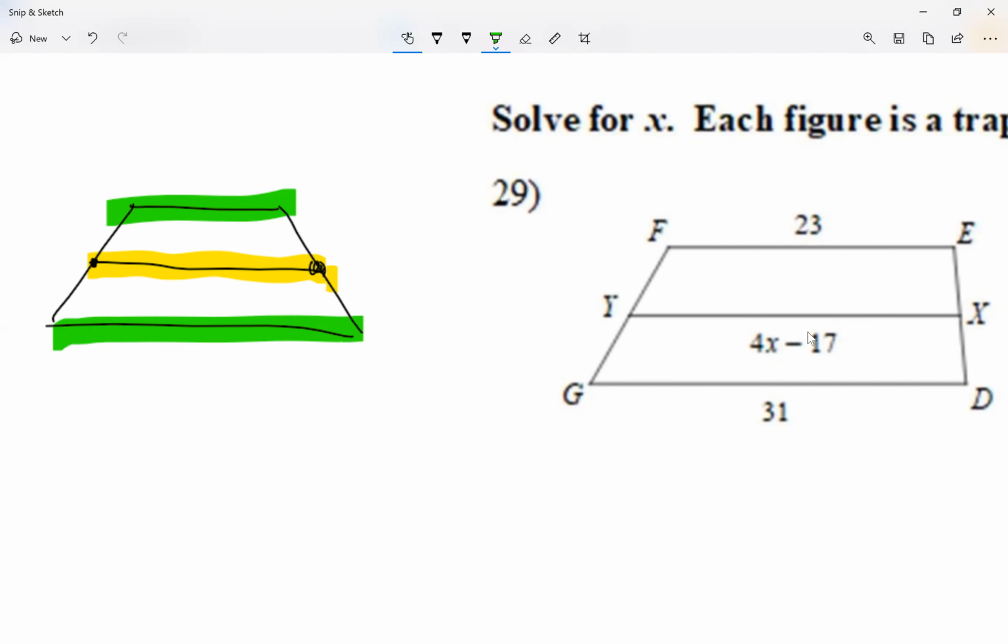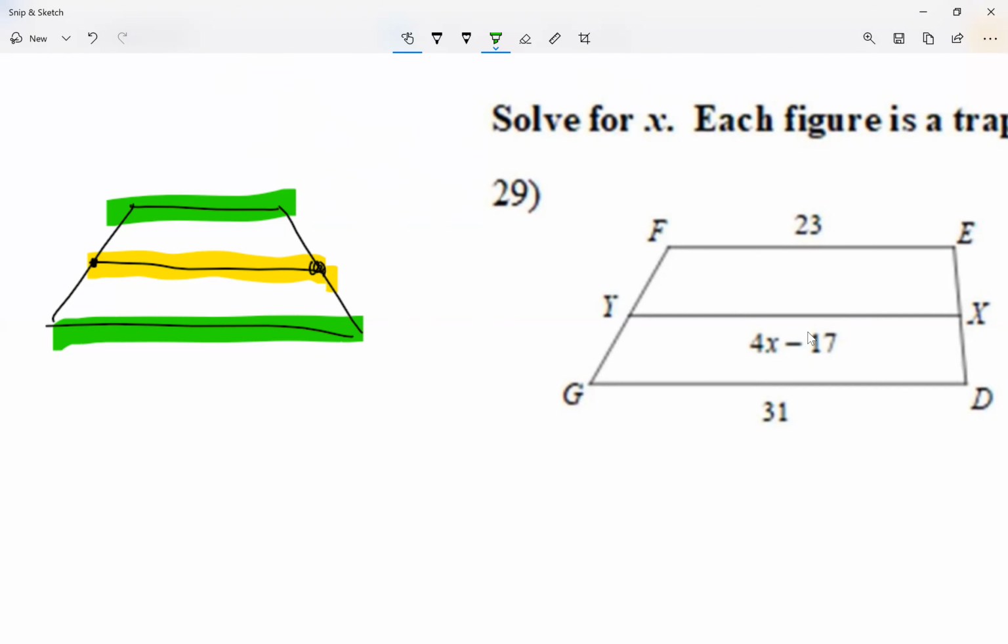It's like right in the middle. What we're going to be doing is we're going to get the mid segment times 2, and it's going to be equal to the two other sides combined.